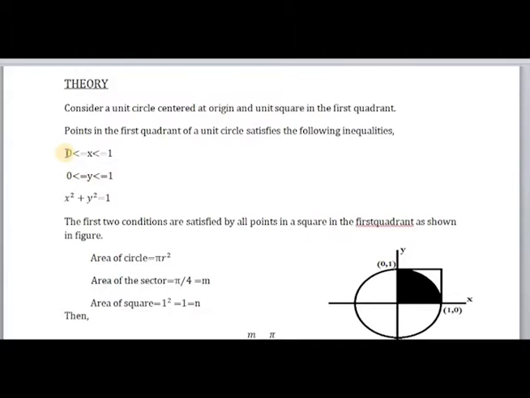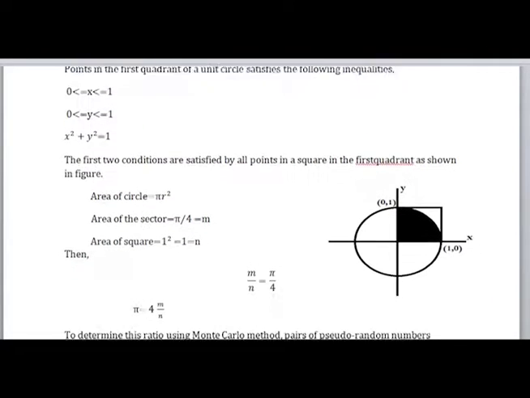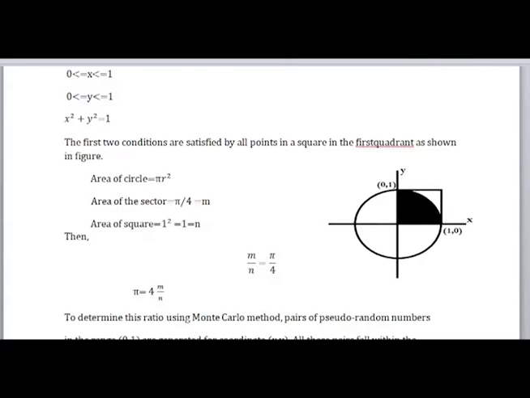The condition is that x is between 0 and 1, and y is also between 0 and 1, and the equation of the circle is x squared plus y squared equals 1. We are assuming the first quadrant of the circle, and within the unit square, a sector is inscribed, with side length 1.